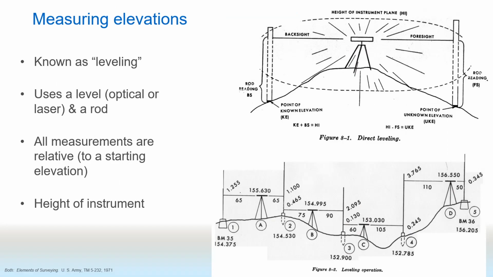Well, measuring elevations, also known as leveling, uses a level, optical or laser, and rod, and measurements are relative to a starting elevation. And here you can see a short explanation of geometric leveling.